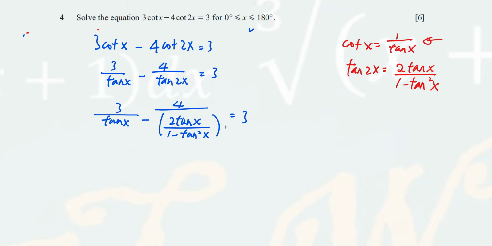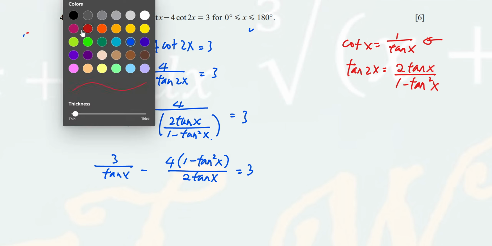Okay, so simplify the second term first. So move up the denominator. So the denominator is 1 minus tangent square x. So I will move it up. It becomes 4 bracket 1 minus tangent square x over 2 tangent x equals to 3.